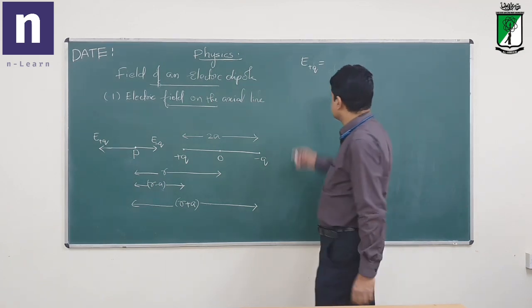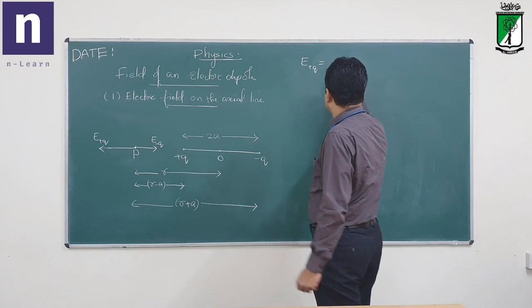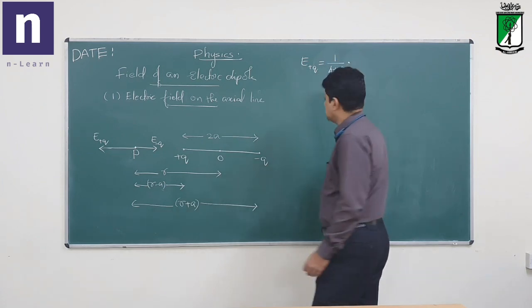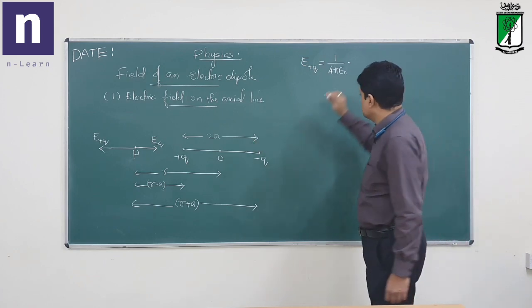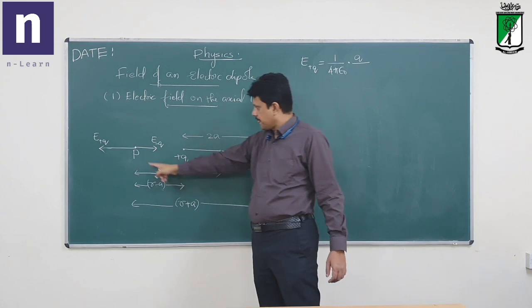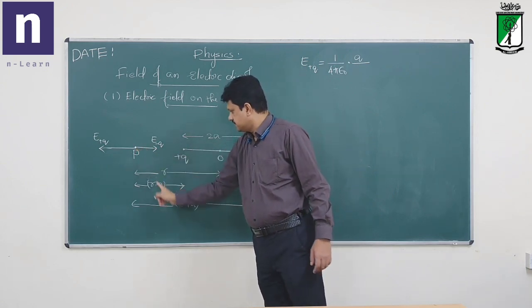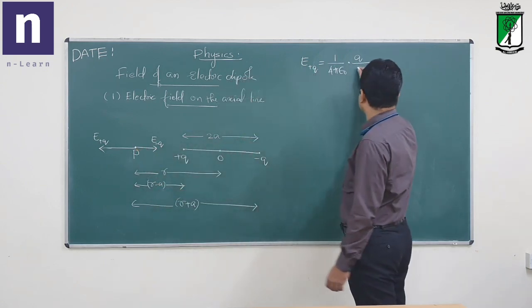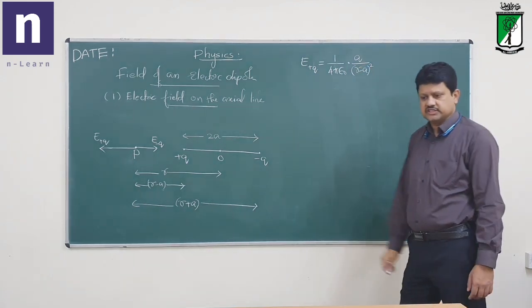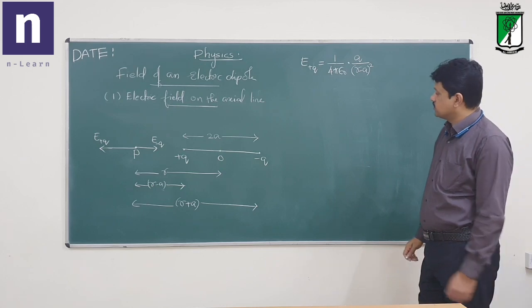Whereas here, 1 by 4 pi epsilon naught, what is the charge here? Q. What is the distance of the charge from P? Which is r minus a. So r minus a whole square. So this is the magnitude of the electric field.